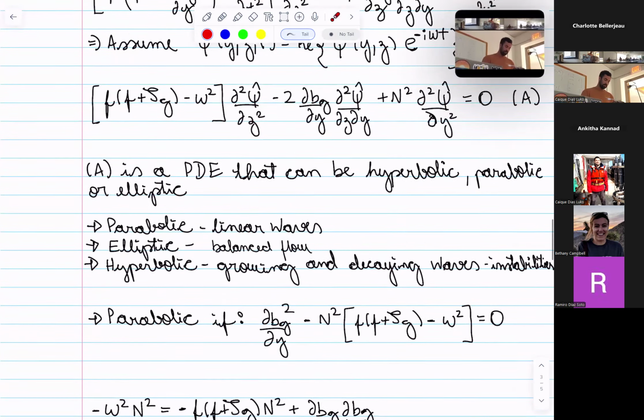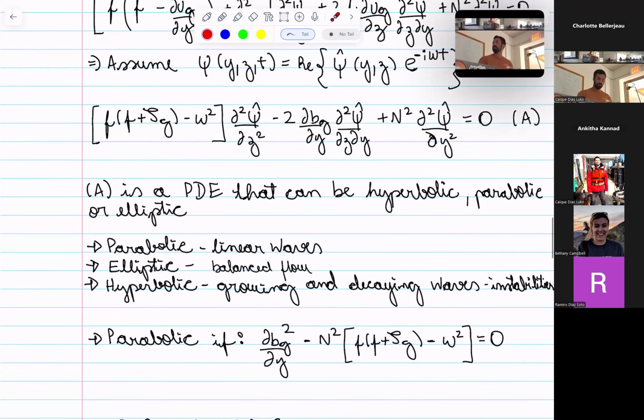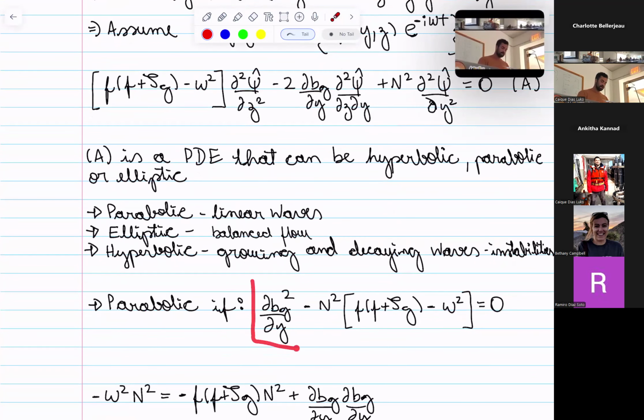Basically, for this equation to be parabolic, you combine these three coefficients in a particular way. In this case, it would be this combination equals 0.